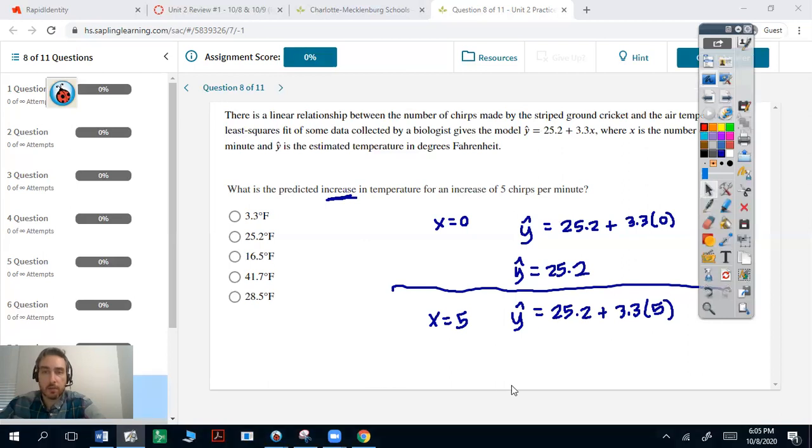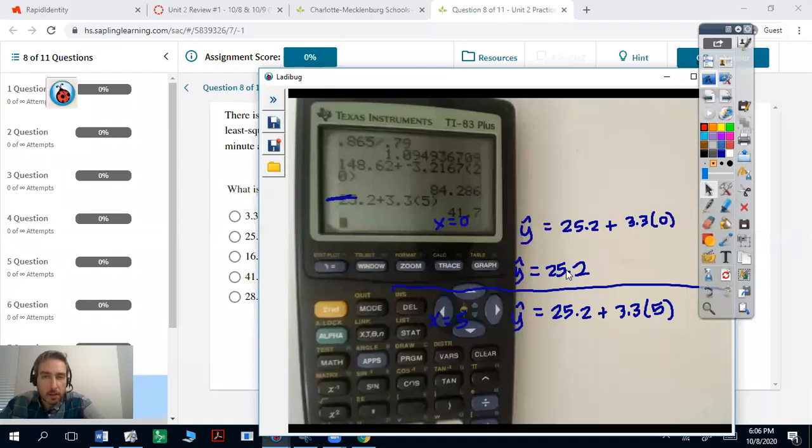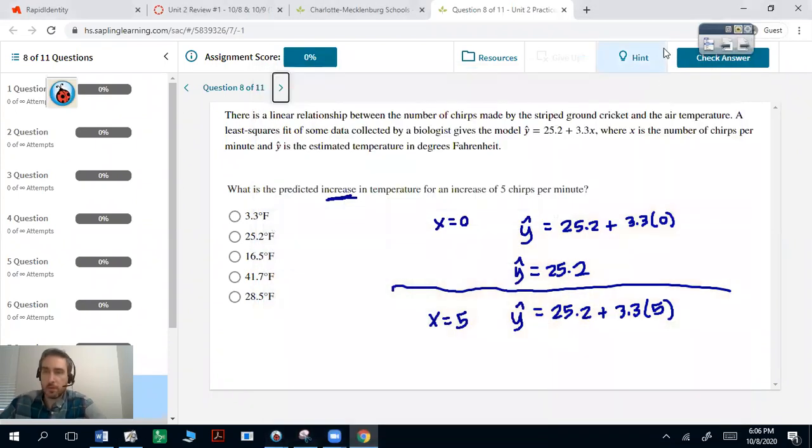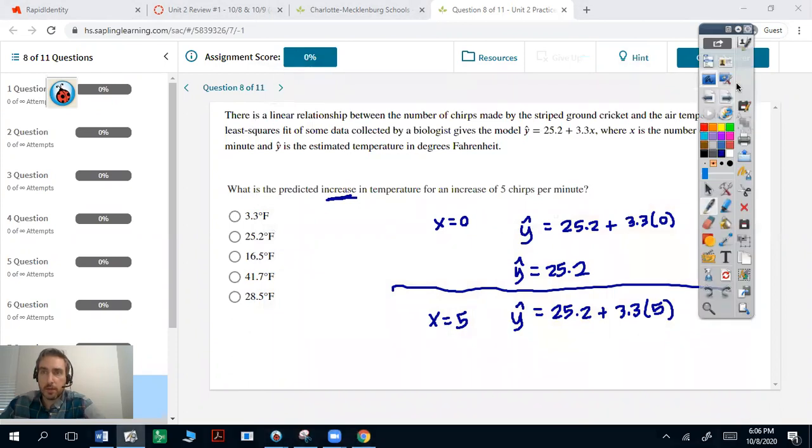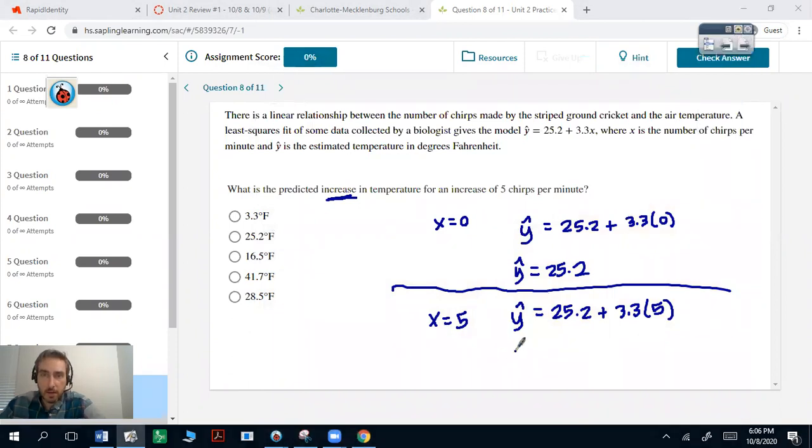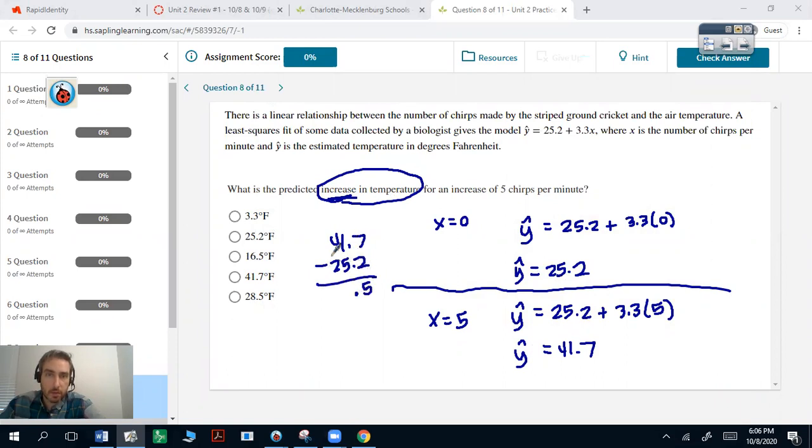Let's figure that out. All right, looks like I'm getting 41.7. So 41.7 is the value at 5. Now the question says, what is the predicted increase in temperature? So if I'm going from there to there, 41.7 minus 25.2 is going to give me, let's see, 41 minus 25 is 16, 16.5 degrees Fahrenheit.